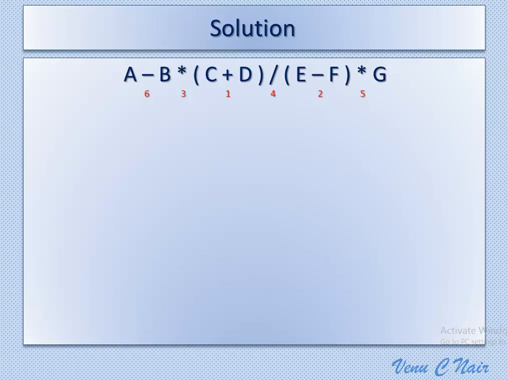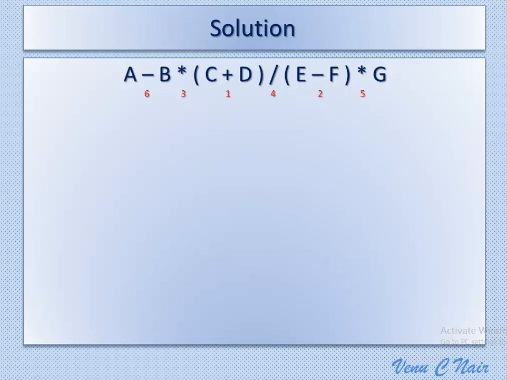So this was the expression given for you, an infix expression. Why is it said to be an infix expression? Because the operators are placed between the operands throughout the expression. So we have 6 operators and 7 operands in this.